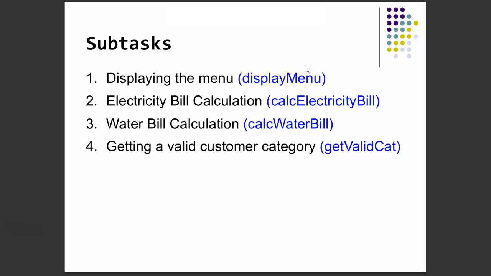If the user provides a choice which is not 1, not 2, and not 3, then we want this function to keep prompting him to enter a choice until finally he enters a choice which is valid. In addition to that, we want this function to return the valid choice. Once the user has finally entered a correct choice, that is either 1 or 2 or 3, we want this function to return that choice. I hope I have described myself very clearly.